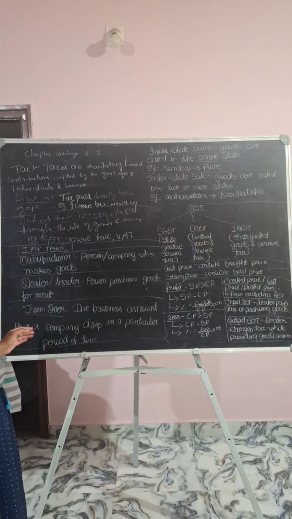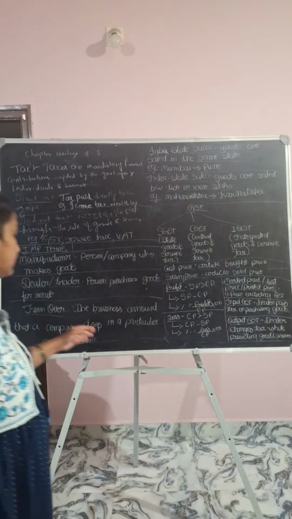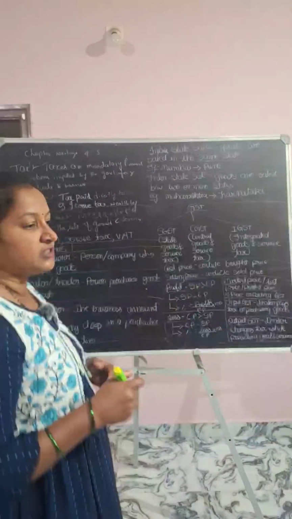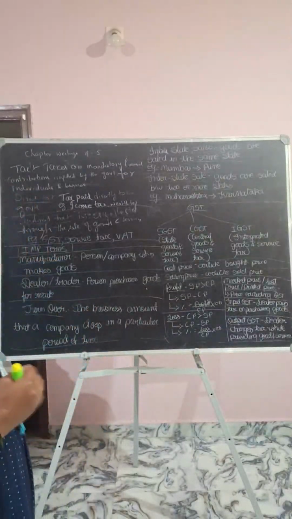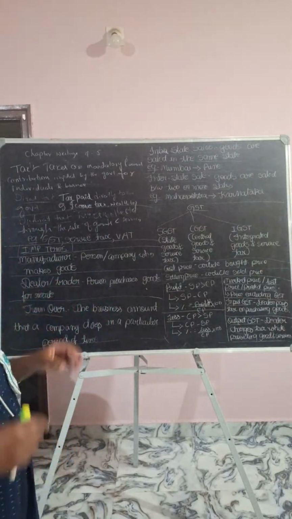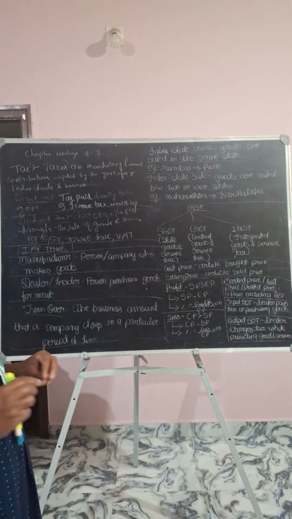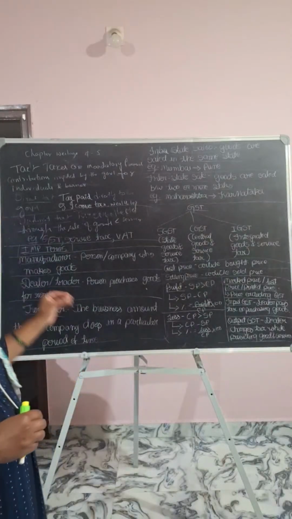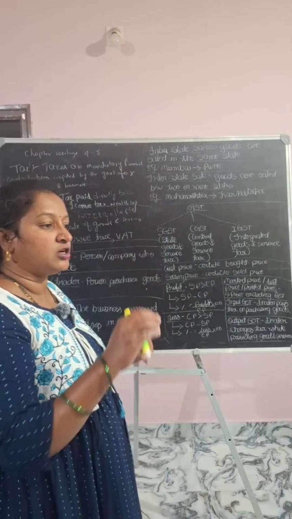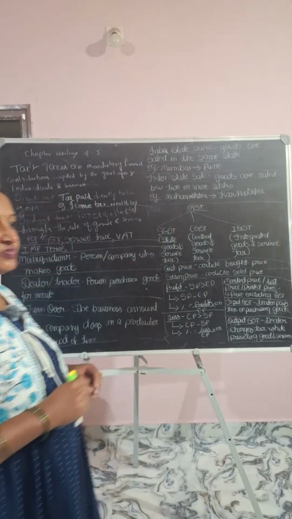The business amount that a company does in a particular period of time. For example, if a company has 10 lakh of income per year, the company has to pay a certain percent of tax to the government.